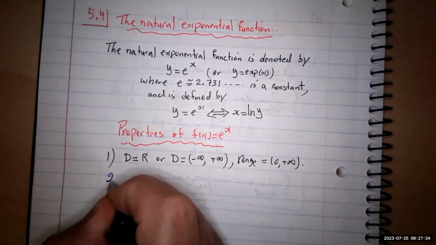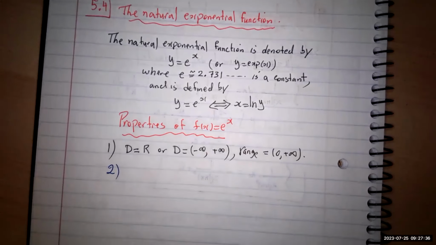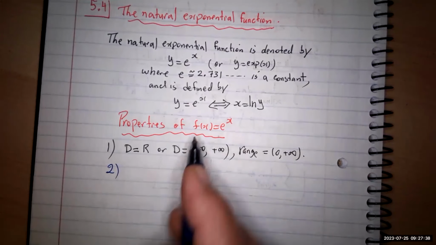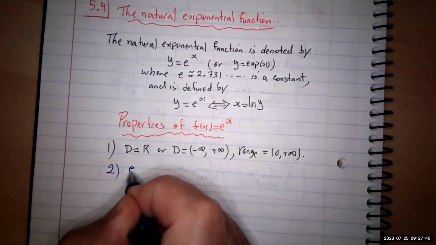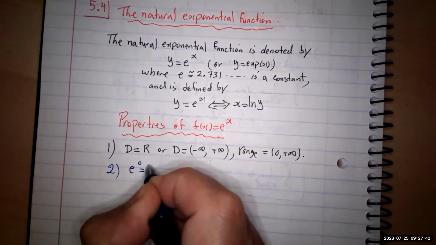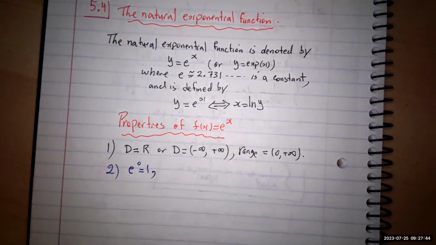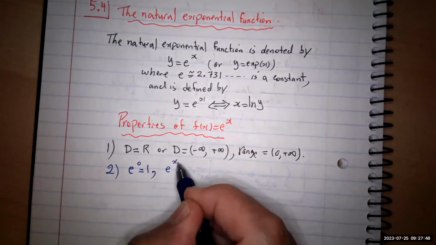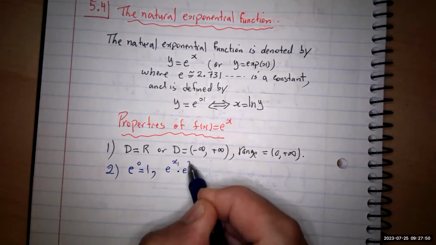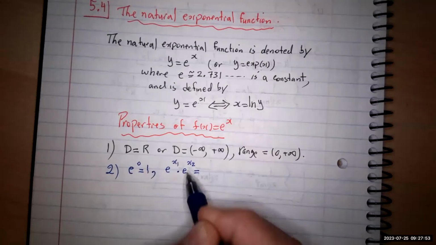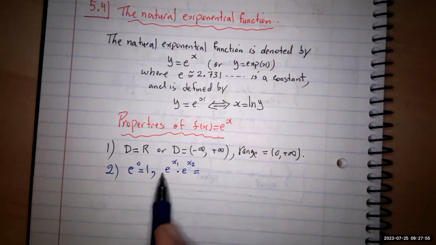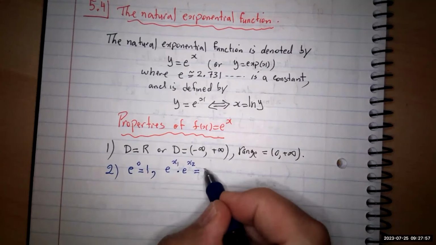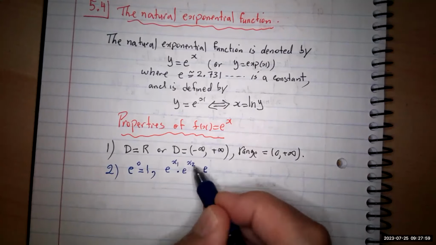The other one is regarding the rules of the exponent. You are familiar with these rules, that e to the 0, for example, is equal to 1. If you multiply e to the x1 times e to the x2, with a common base, we carry the base, which is e, and you add the exponents together.